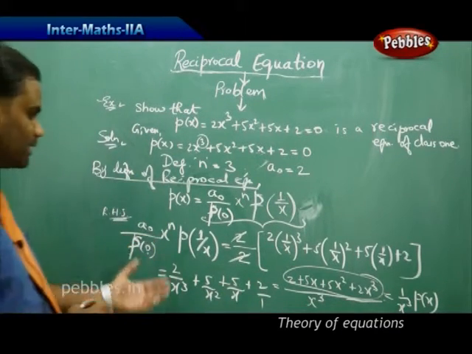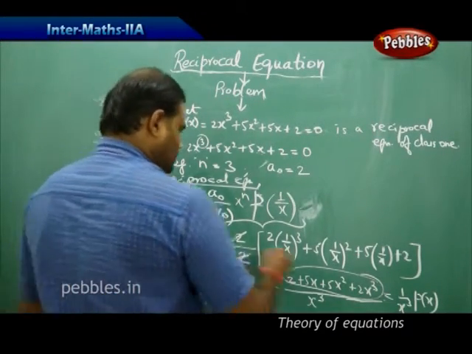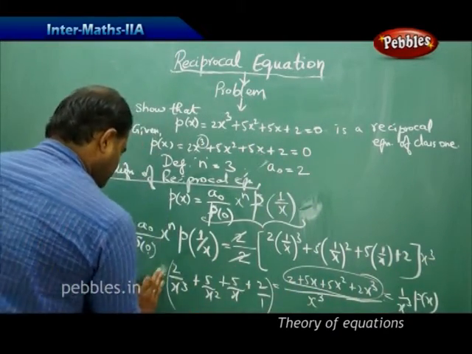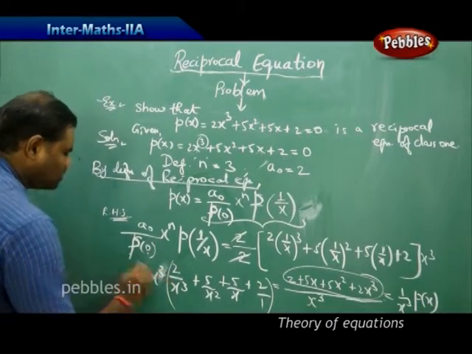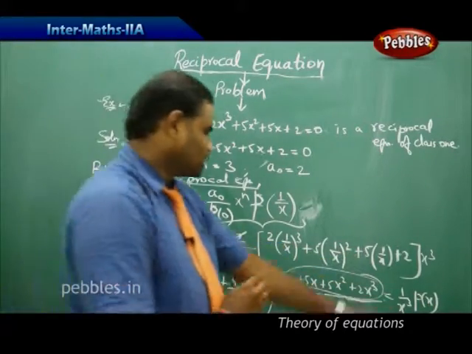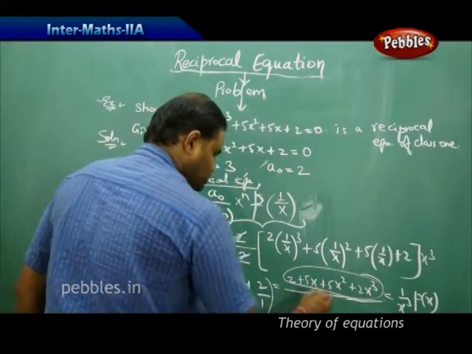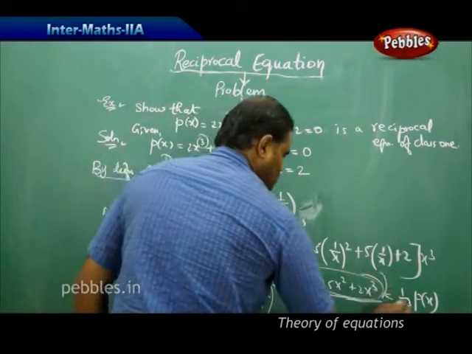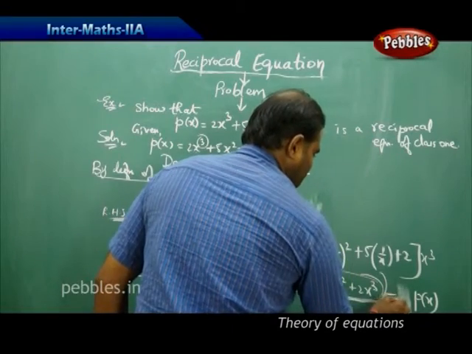Of course, I didn't take this x cube here. This is x cube which I get on the whole, multiplied with x cube because x power n is missing, and then this one multiplied with x cube gets cancelled with the x cube, so that I get P of x.